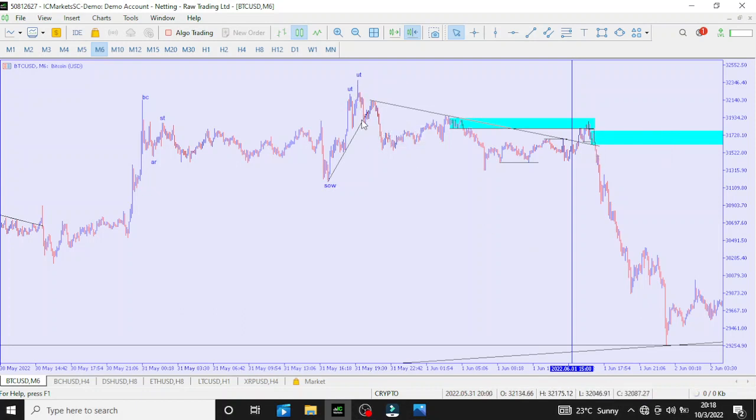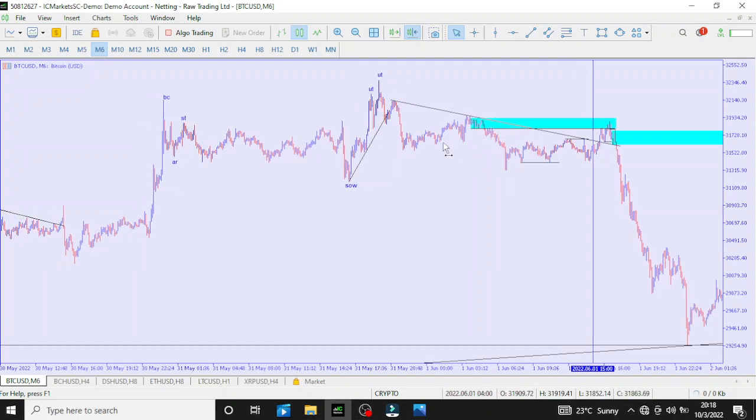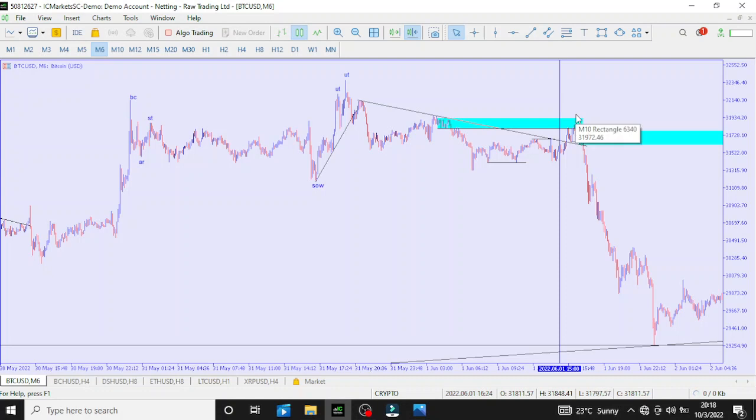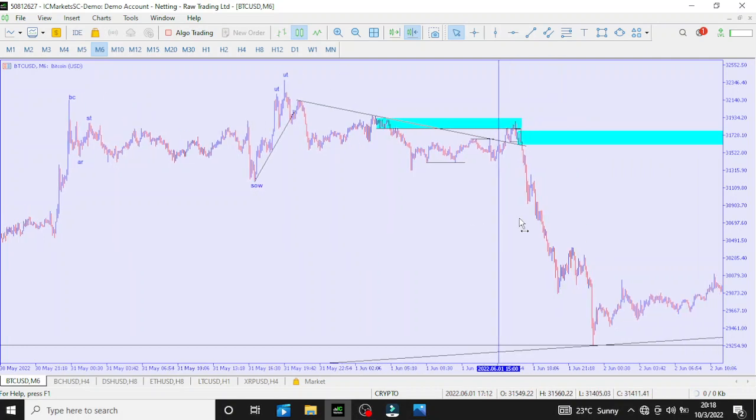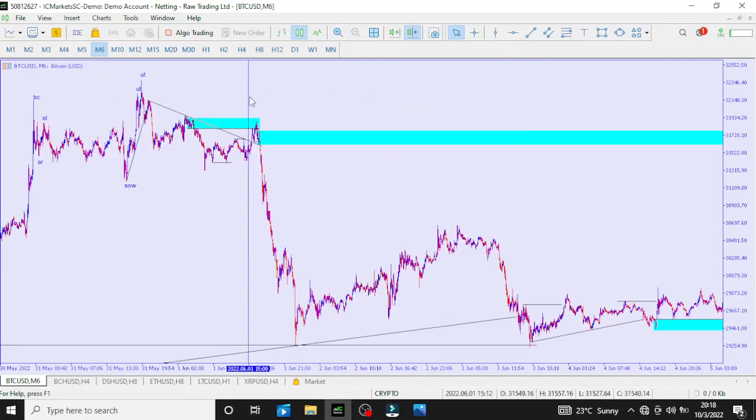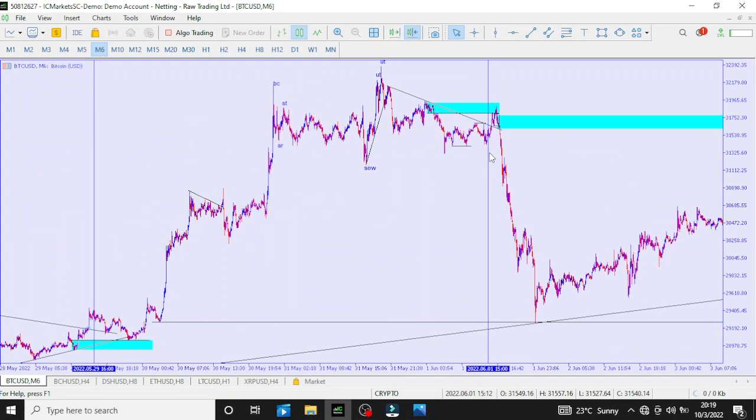But you see that the price didn't break this bearish order flow as much as it manipulated this trend line, but it respected this bearish order flow and it continued to the downside. And this is a nice trade, a nice risk to reward.